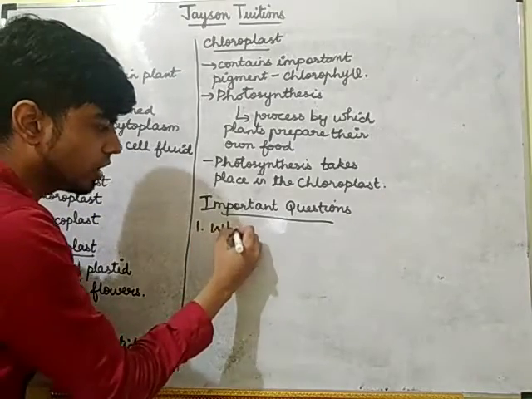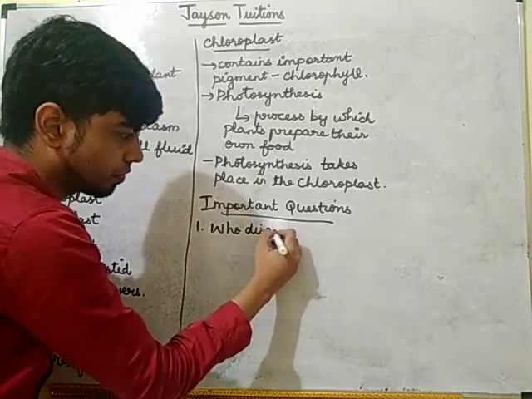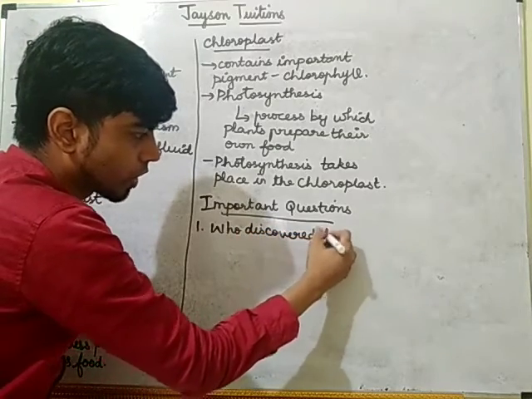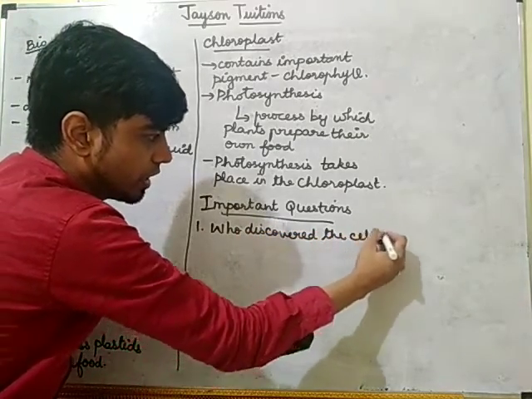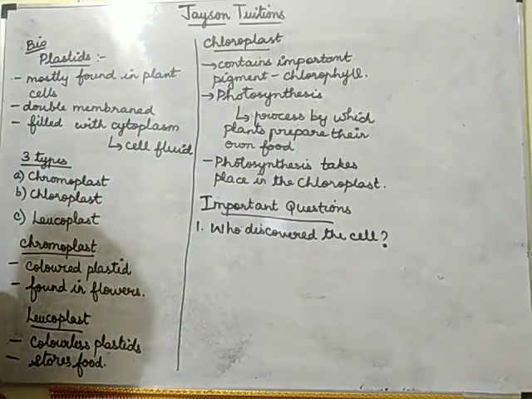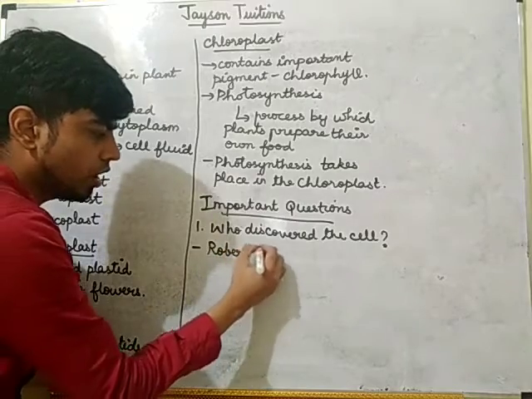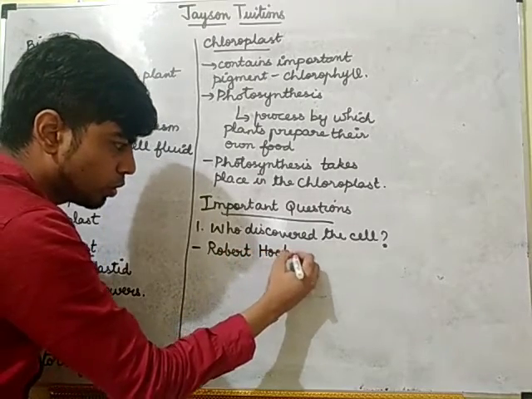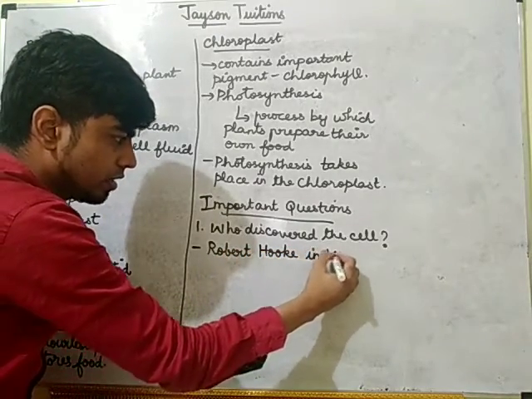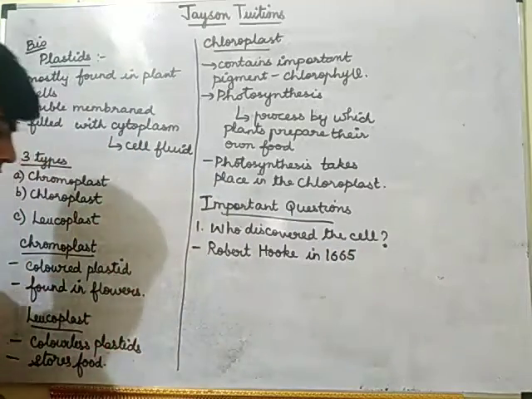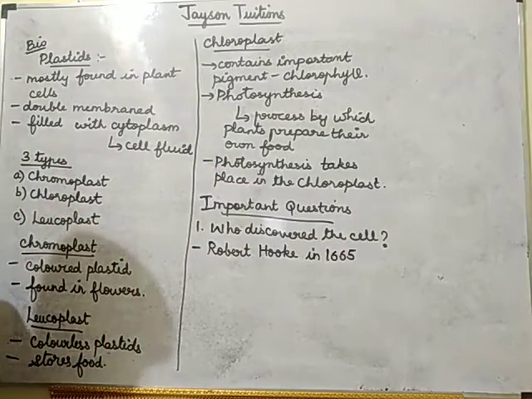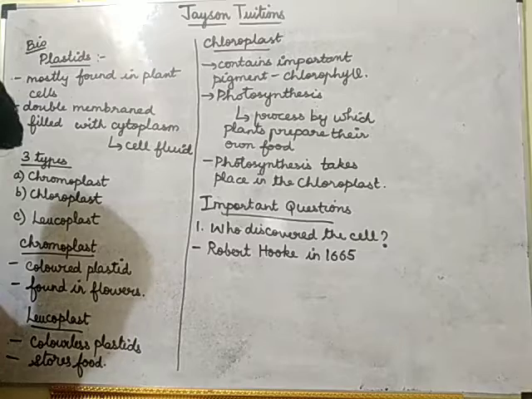Who discovered the cell? The cell was discovered by a scientist called Robert Hooke in the year 1665.